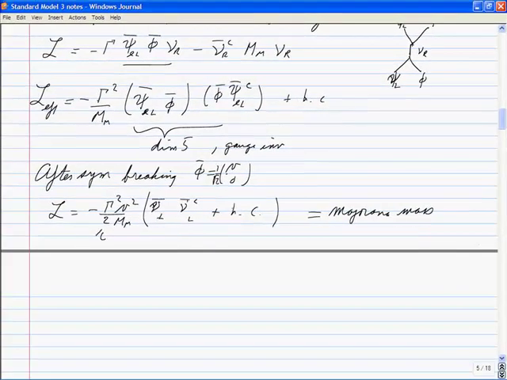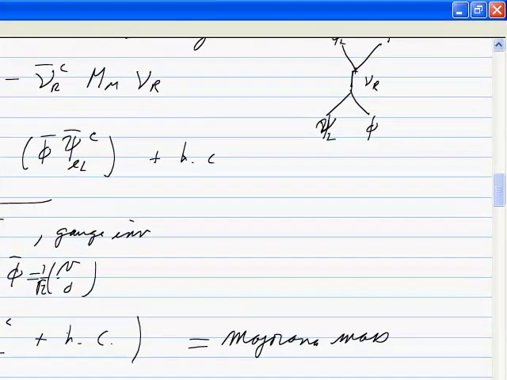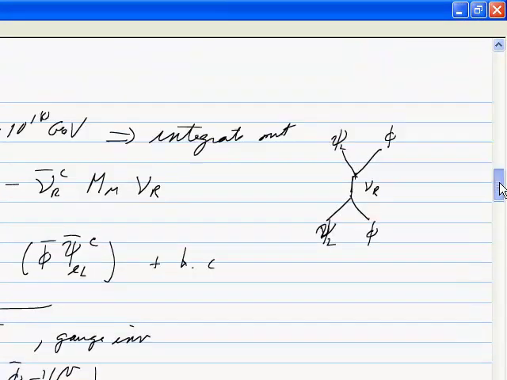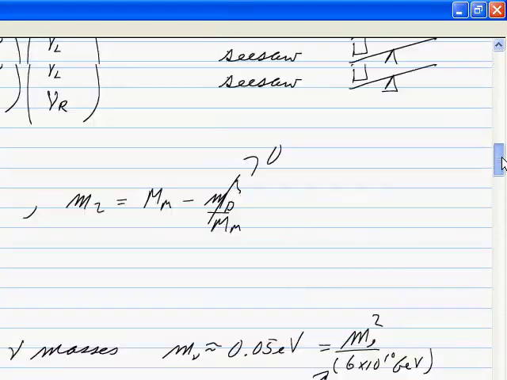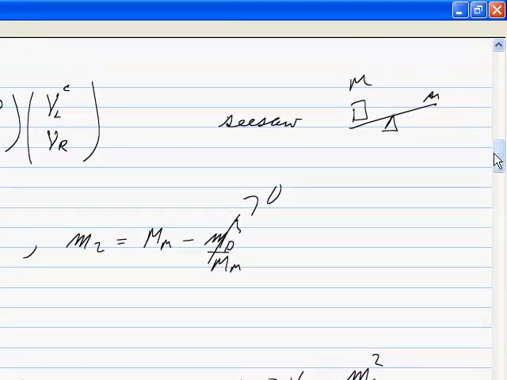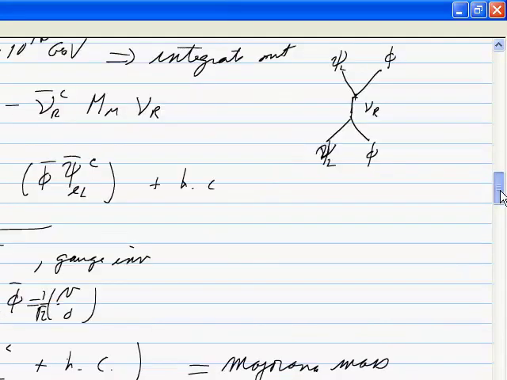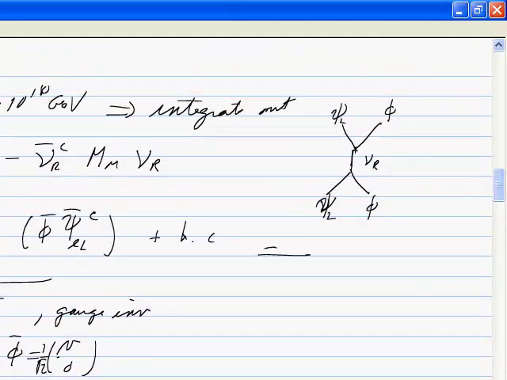So this guy is M Dirac squared over M, like before, and you get the same old answer. So you reproduce the same thing as the seesaw. This is typically thought to be more general.